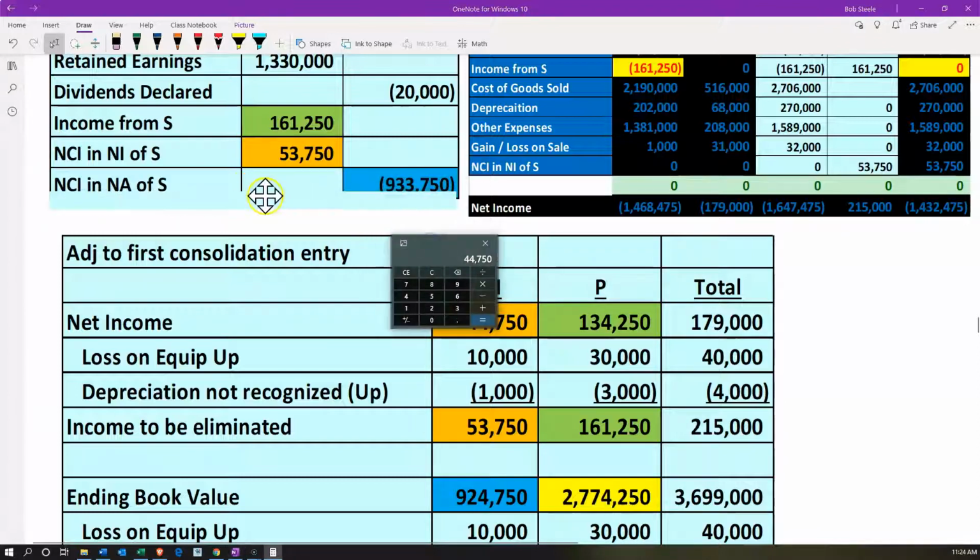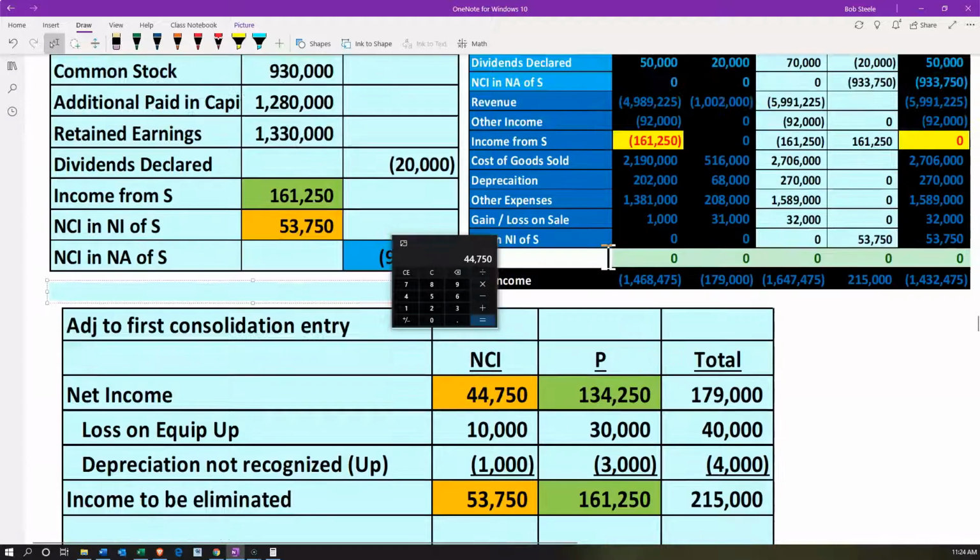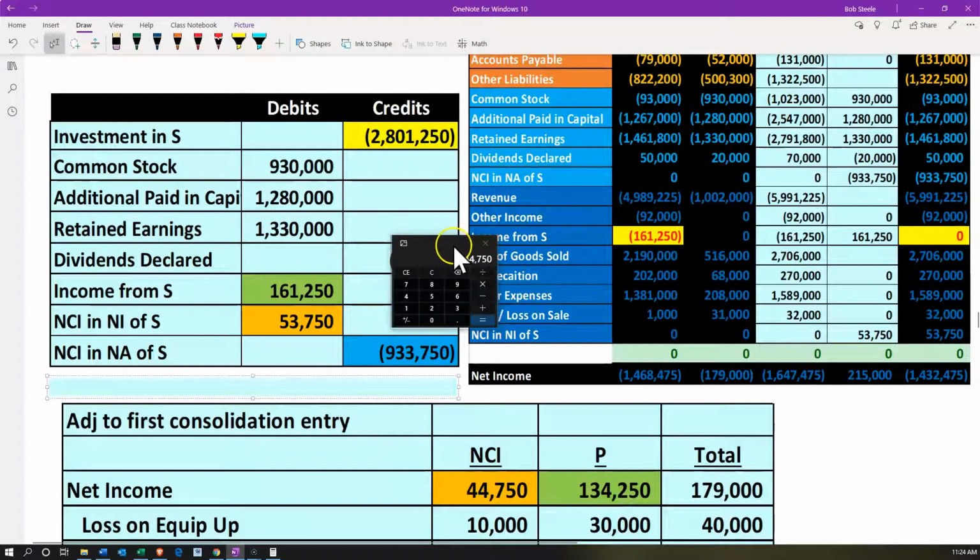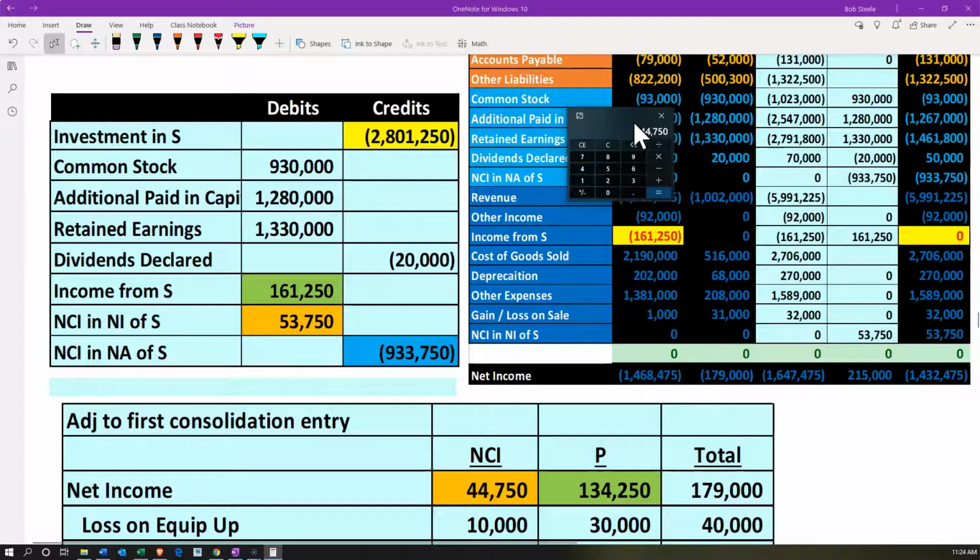Then we've got the non-controlling interest on the balance sheet side of things, which you could say the net assets or the equity section. Let's add up the equity section this time. You can add up, assets minus liabilities of the equity section down here. Let's do the equity section. Might be a little faster.